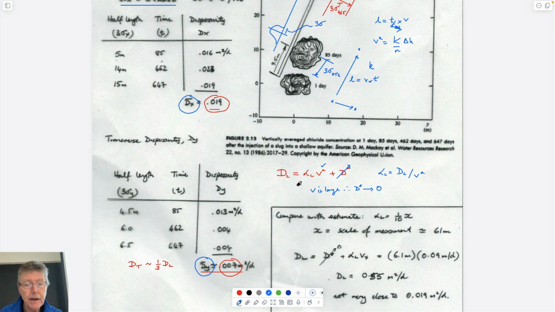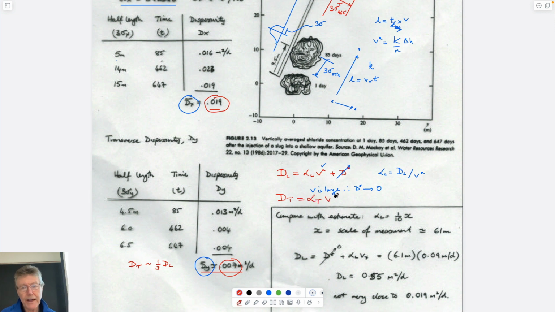If we know what d sub L or d sub t are, we can get the values of the coefficient that is independent of the velocity, right? If we want a coefficient that represents the aquifer, it would be alpha L, because we've thrown away the velocity. It's only representative of that particular velocity, and so we'd like a term that describes our aquifer. And I suppose the other thing we could do is we can also get d transverse in the same way.